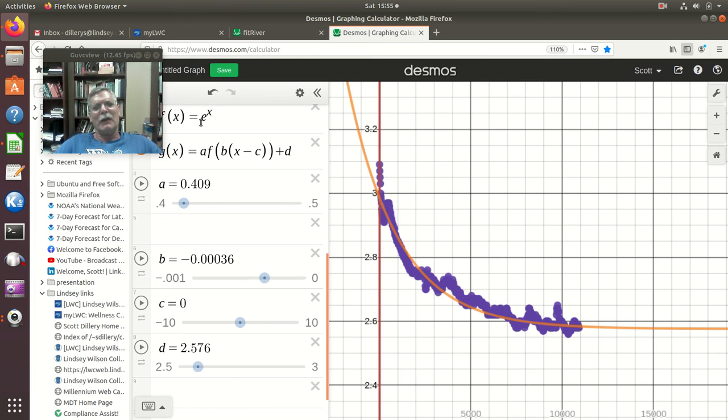It's e to the x with a negative multiplier on the exponent. Okay, and I would say we're pretty safe going with an exponential decay. Right, and that's what the model tells us: the water is going to drop in an exponential fashion.